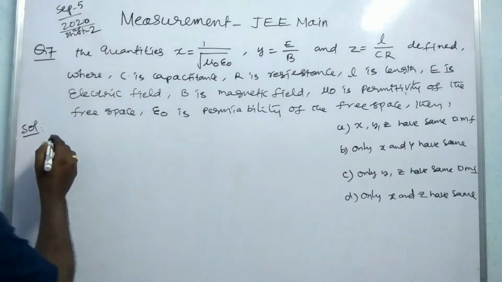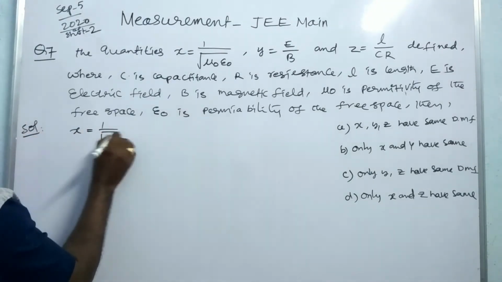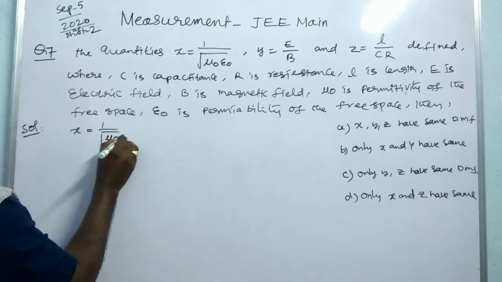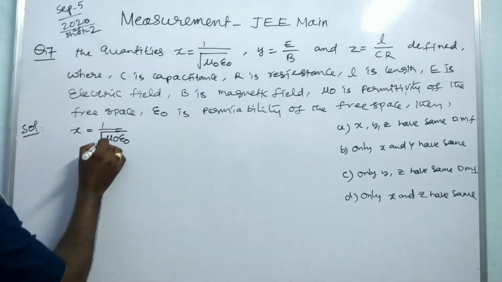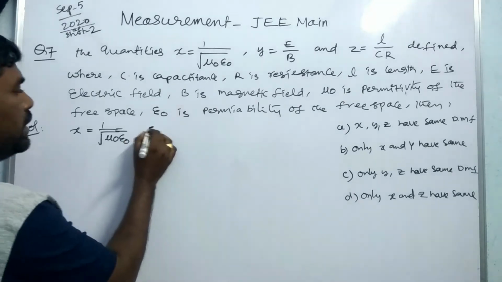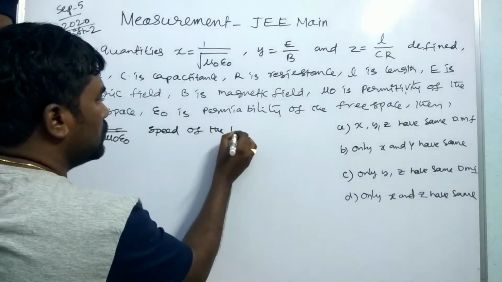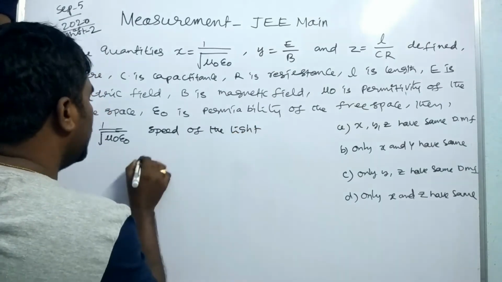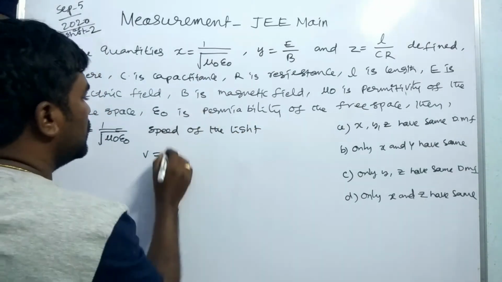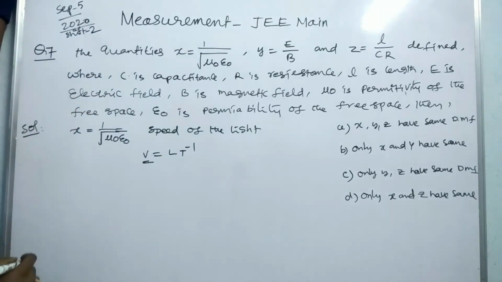Okay, so let us see. So x is equal to 1 by under root of mu naught epsilon naught. This is the speed of light. So simply you can write that the speed of light v is LT minus 1.